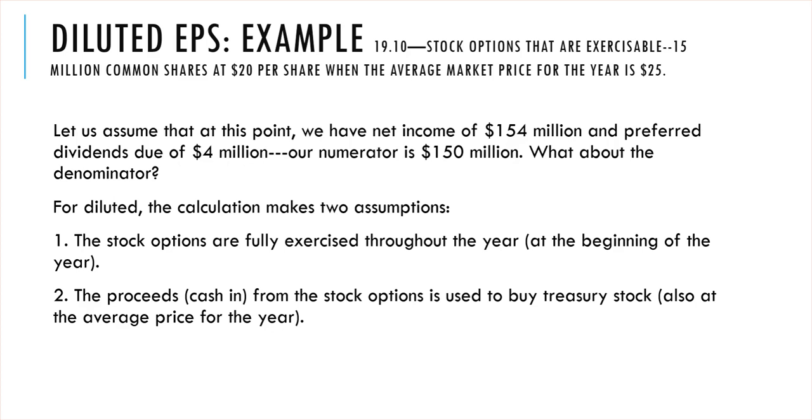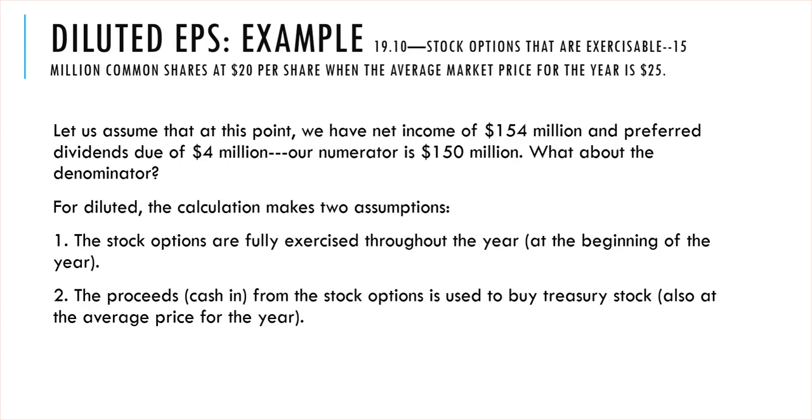So if we were to have, for example, stock options, if the stock options were out there and they are exercisable, then potentially we have more common shares being outstanding. If you have more common shares outstanding, which is a number on the denominator, you increase the denominator, then you make the resulting ratio, which is a fraction, right?